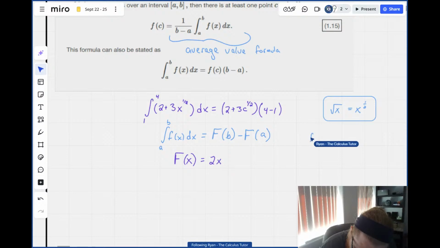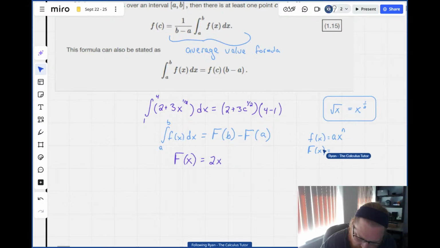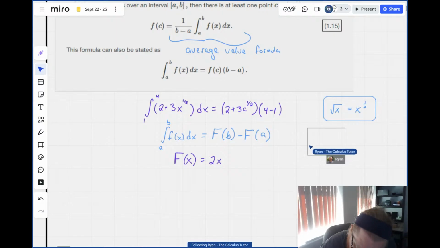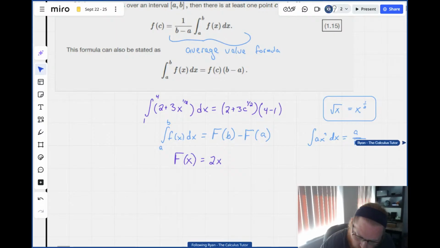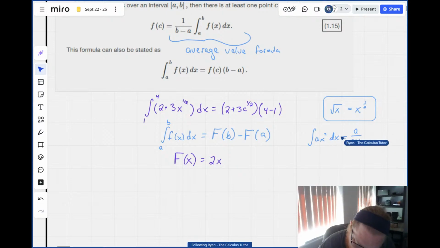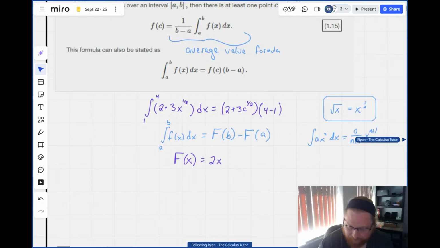So if f of x is equal to a x to the n, so some number times the variable raised to a power, then the antiderivative will be, we'll end up dividing by one more than the original exponent, and then that exponent will increase by 1. So you end up dividing by the new exponent is another way to say that.